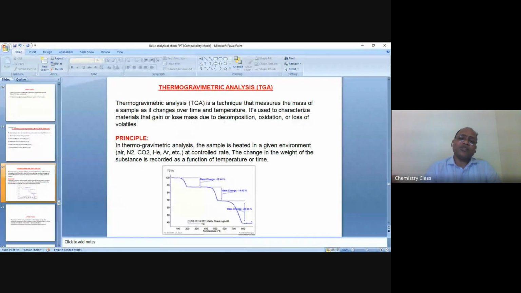As temperature increases, the substance decreases because it evaporates or decomposes. As time changes from 1 minute to 2 minutes, the temperature is raised, 60 to 70 degrees, 70 to 80 degrees. Here it is a temperature-increase method.